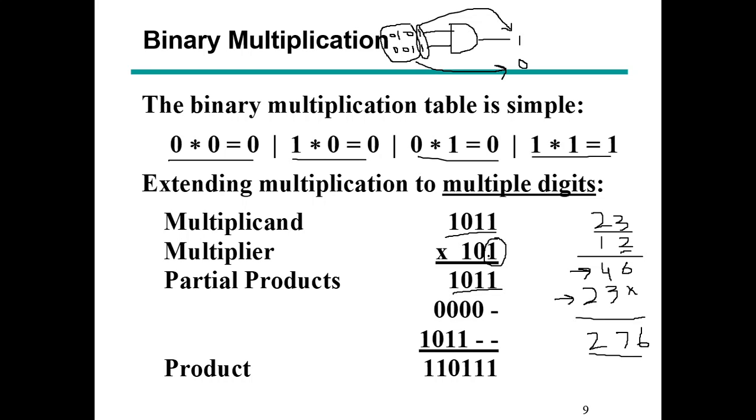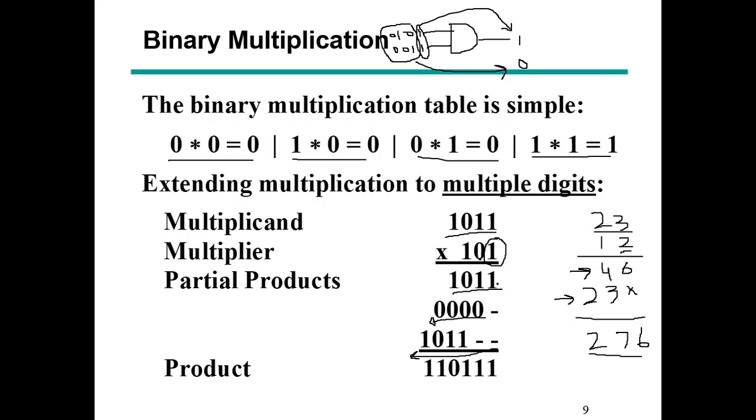That's it. The next bit in the multiplier is 0, so you shift it one position to the left and you just write 4 zeros. Next bit is 1, so you shift it again to the left one bit position and rewrite the multiplicand 1011. And then you do the addition.